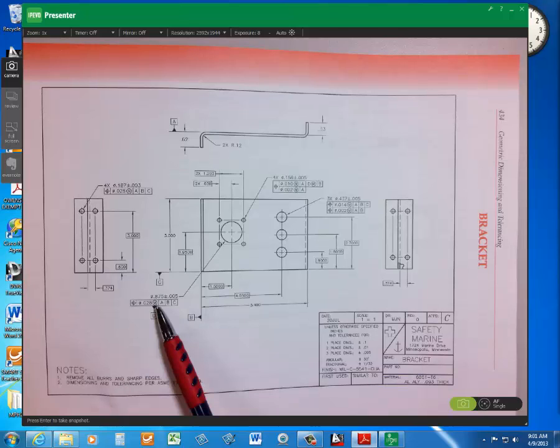Say it's circle M. So what is max material condition? 0.880, right? It's the hole, so when the hole is at its smallest, right? So your positional tolerance can increase to what? You're allowed to increase as you move from MMC.